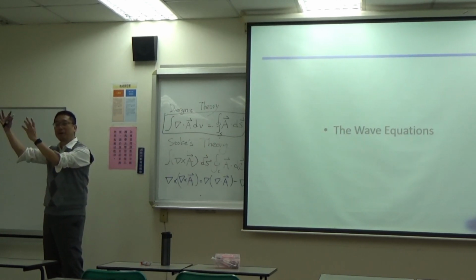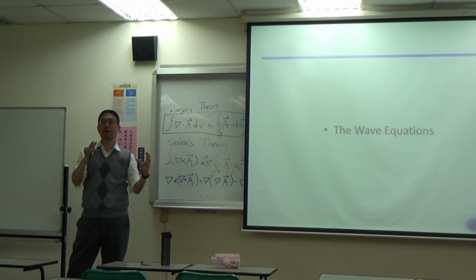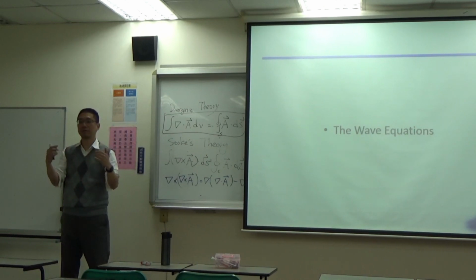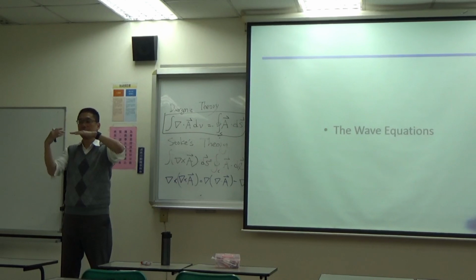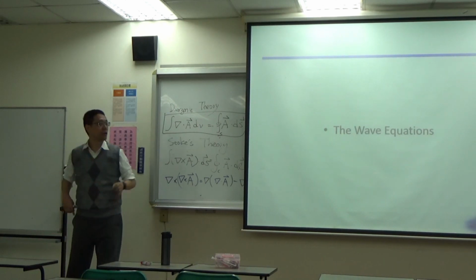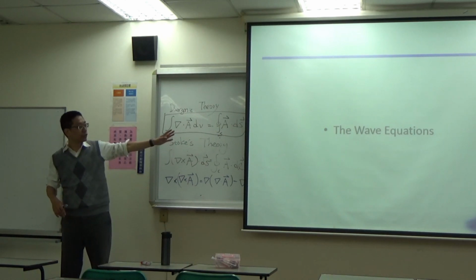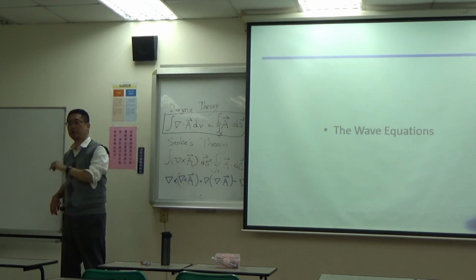Then you apply these equations to obtain boundary conditions. Boundary conditions mean you have the electric field and the magnetic field in two different media. What happened on the boundary? We obtain the relationship. And the second one, we need to know the wave equations.